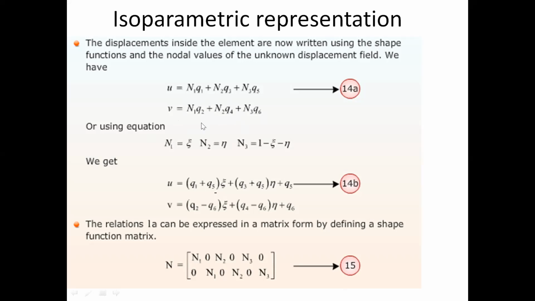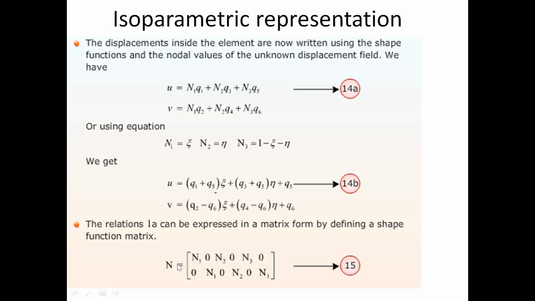And if you replace N1 equal to xi, N2 equal to eta, N3 is 1 minus xi minus eta in this, then you can substitute: U is Q1 minus Q5 into xi plus Q3 minus Q5 into eta plus Q5 after simplification. Similarly, V is Q2 minus Q6 into xi plus Q4 minus Q6 into eta plus Q6.